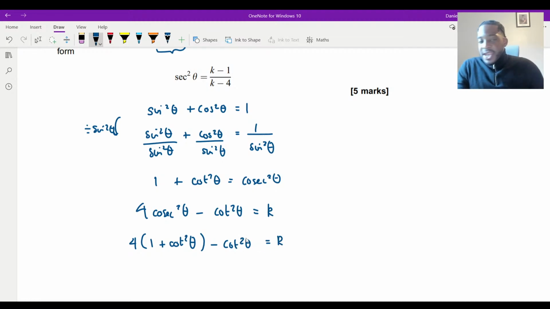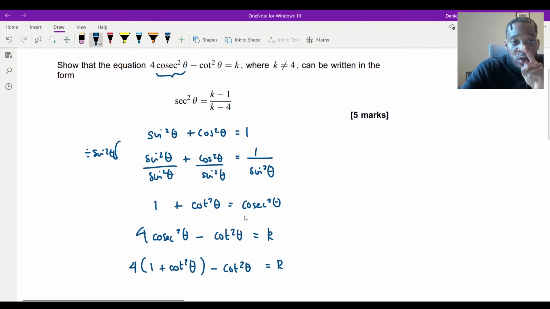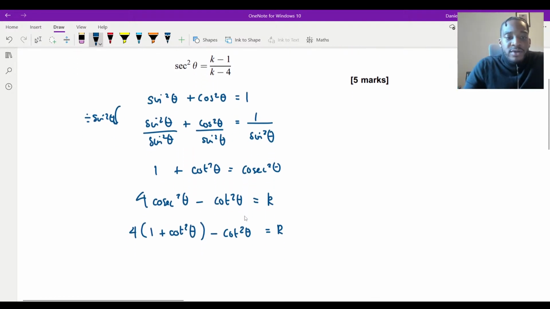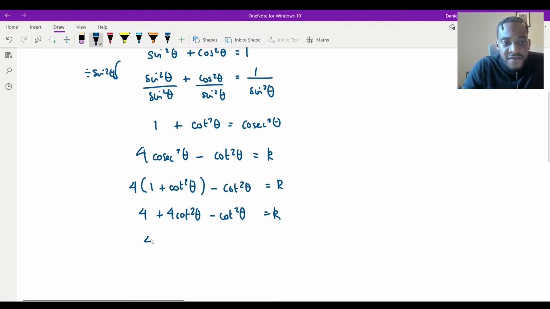Now, remember, we want sec squared is equal to that, by the way. So what I'm going to do now is just expand. I'll get 4 plus 4 cot squared theta minus cot squared theta is equal to k. Tidying that up, that's going to be 4 plus 3 cot squared theta is equal to k.